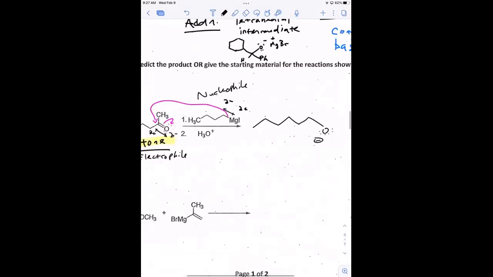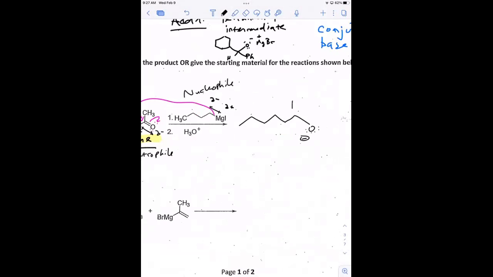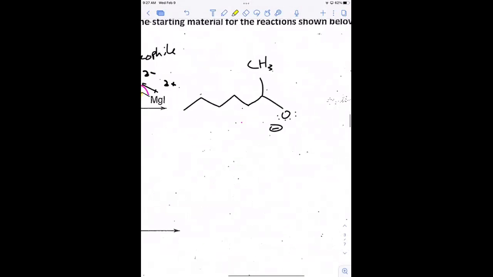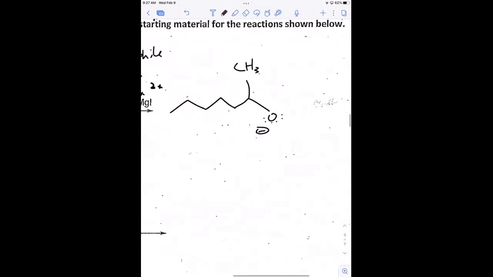I have a CH3 attached to that. I'm just going to keep it just how it is. And then I also now have this whole chain attached. So that's 4 carbons. So I'm just going to write that out. I'm going to change the color.